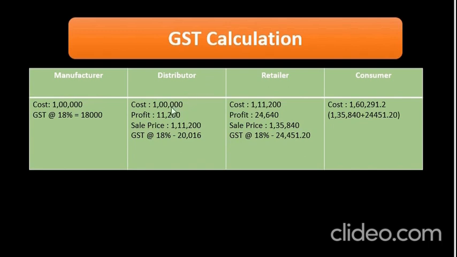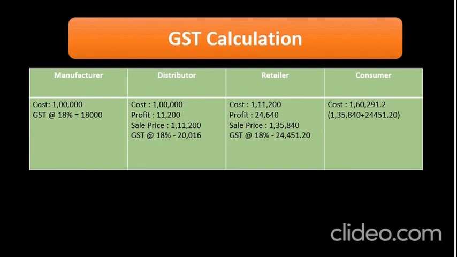So when it comes to the distributor, the cost price is 1 lakh, on which he adds his profit of 11,200, and on that he will charge GST. But in the earlier regime, 1 lakh is the cost price, and the distributor also adds 18,000, and then the profit will be added to it, and then GST and then VAT will be charged. So it keeps on adding based on the tax imposed; again a tax will be imposed.